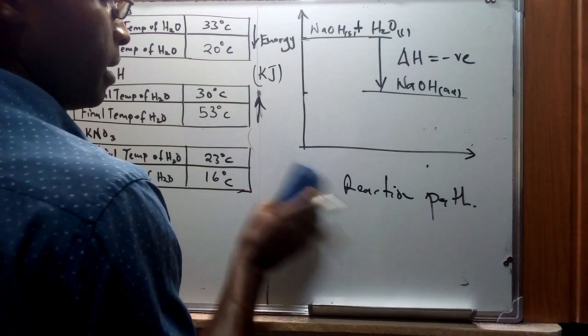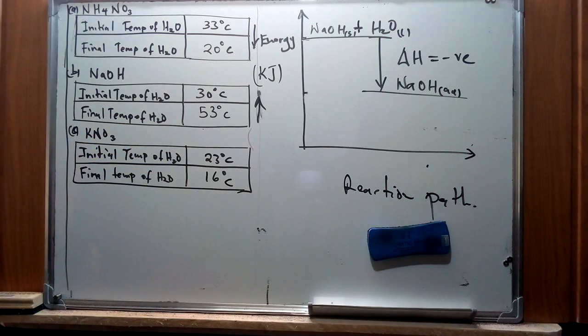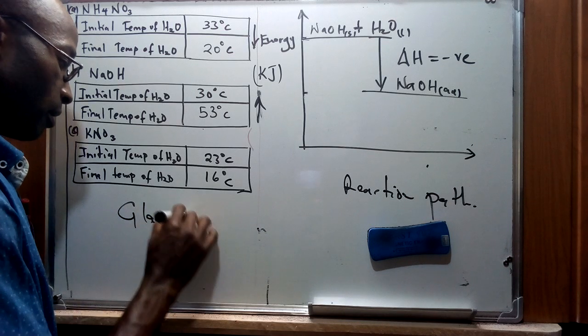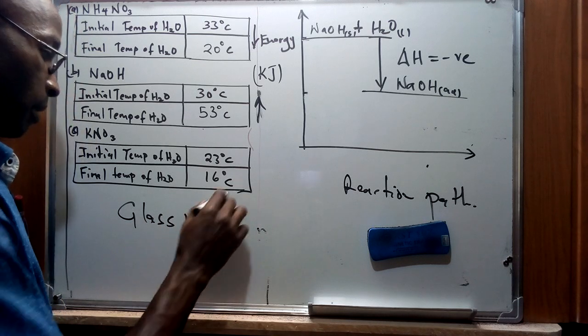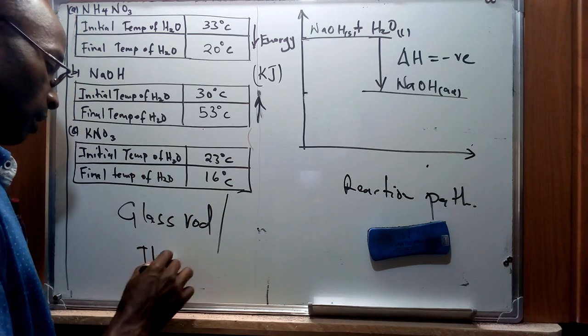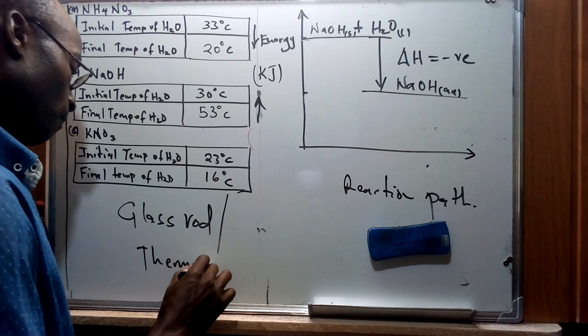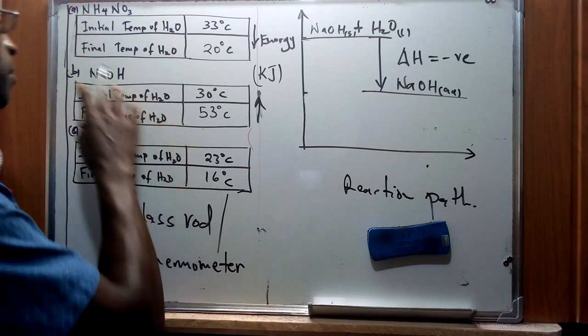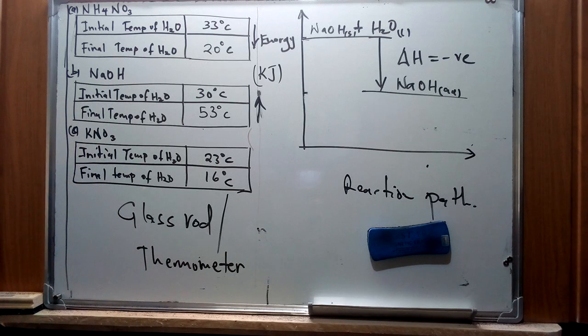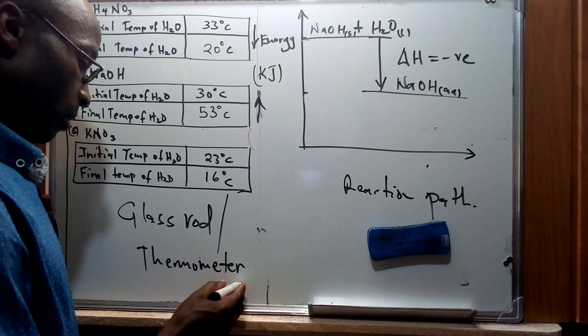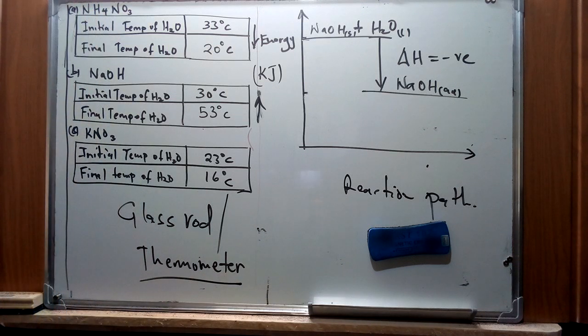Now, the essence for us is that description that we talked about, how we can describe the nature of a reaction, whether it is exothermic or endothermic, by trying to feel the temperature of the beaker for reactions which are performed on this scale, or by using a thermometer. Instead of a glass rod for stirring, we can do a substitution for the thermometer, whereby we dissolve sodium hydroxide inside water, and then we stir gently with a thermometer until all the solid is dissolved, and then we take the initial temperature and the final temperature during the process.